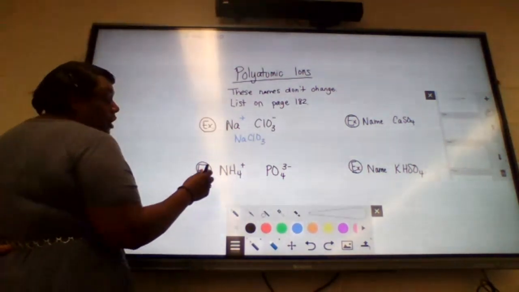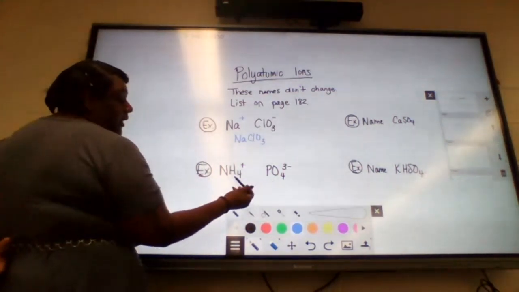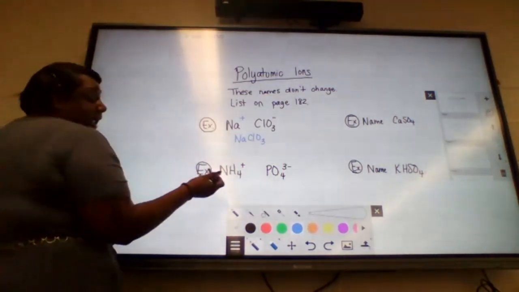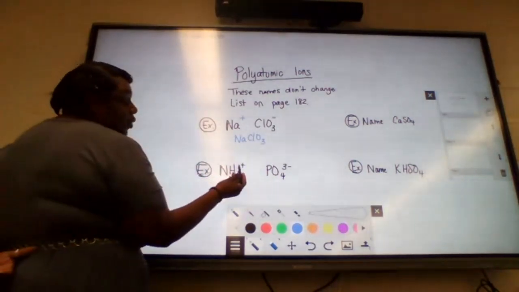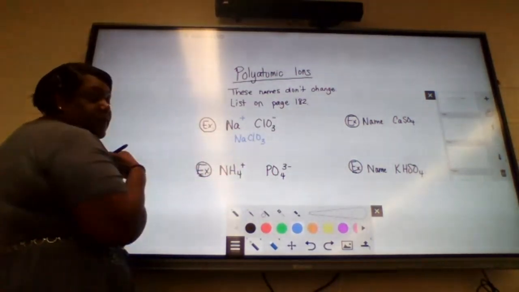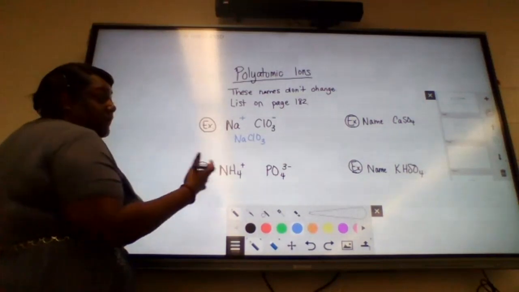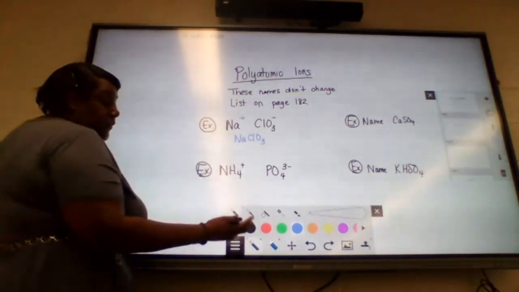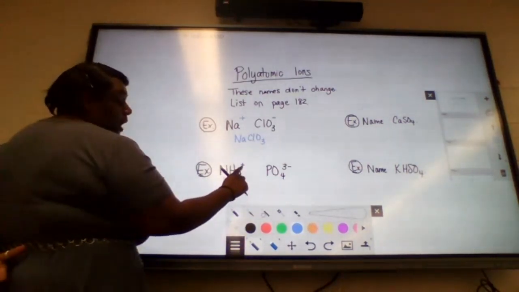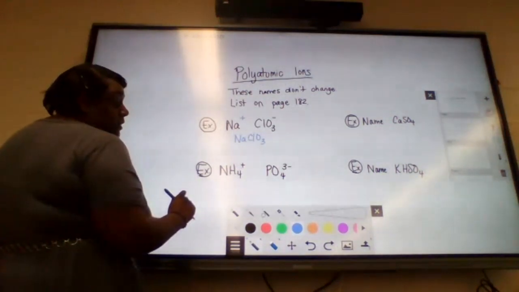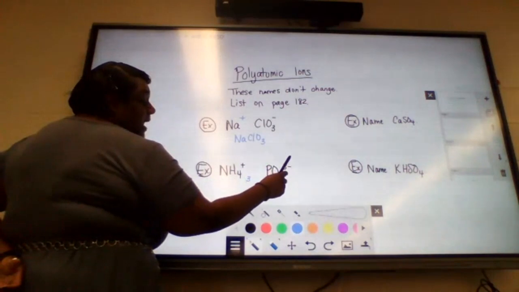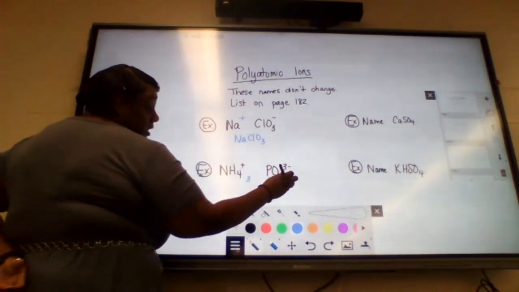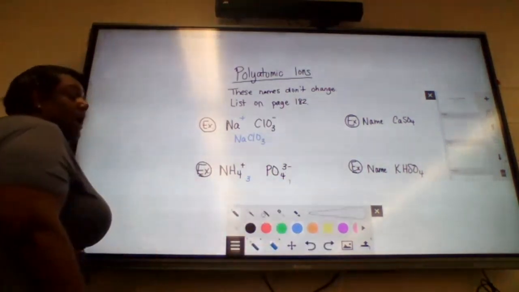If we look at this one, notice both of these are polyatomic ions, and because of that, they gave us the charge on both of these. Notice I have a 1 positive and a 3 negative, and so my LCM for those two numbers would be 3. So what do I multiply 1 by to give me 3? That answer is 3. And what do I multiply 3 by to give me 3? That answer is 1.